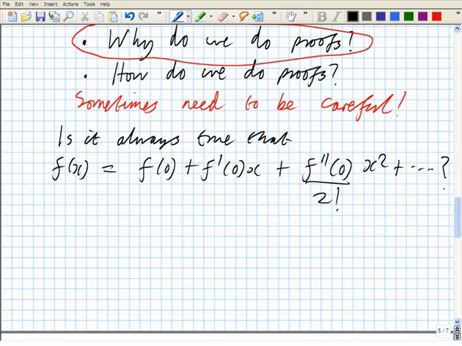Can anyone tell me one of the things that can go wrong when you're trying to write a function as a sum of its Taylor series? Anyone got any ideas?